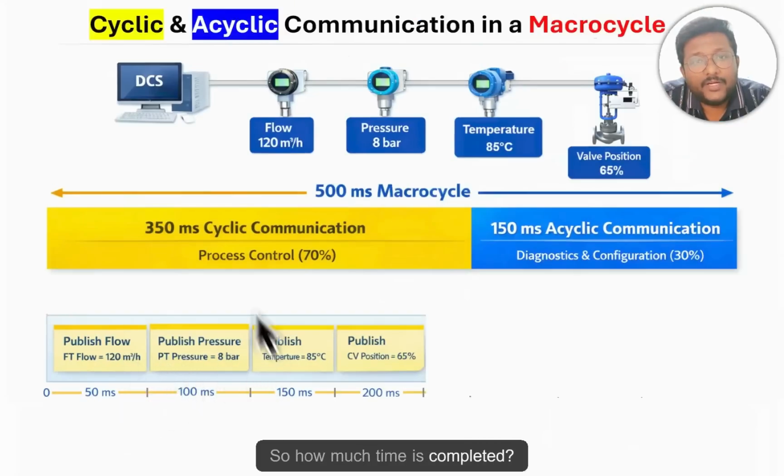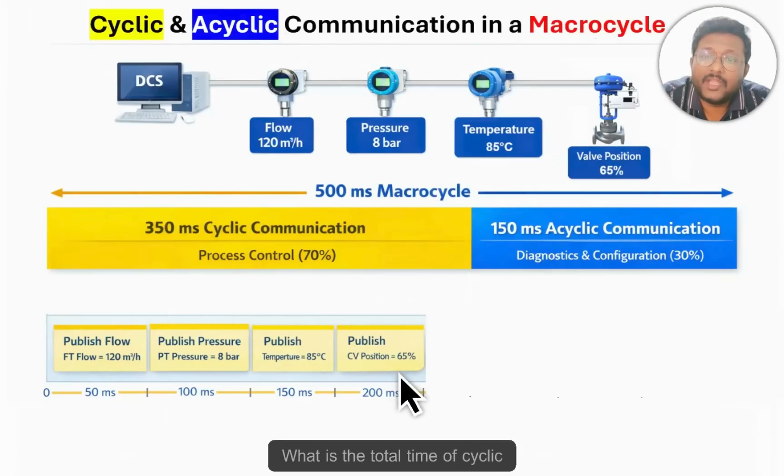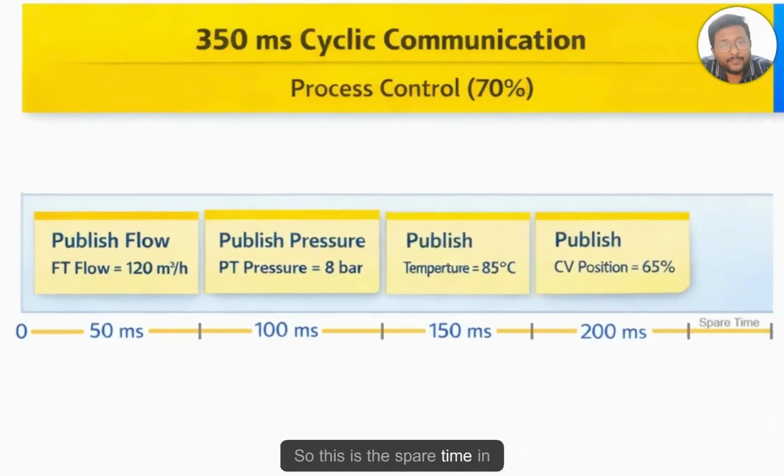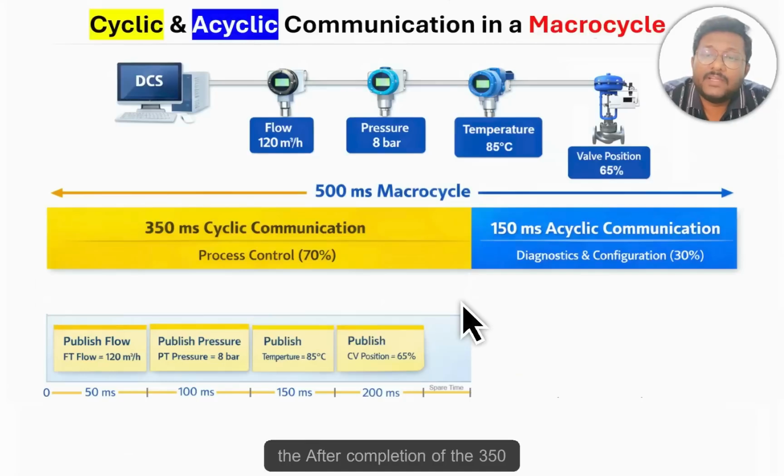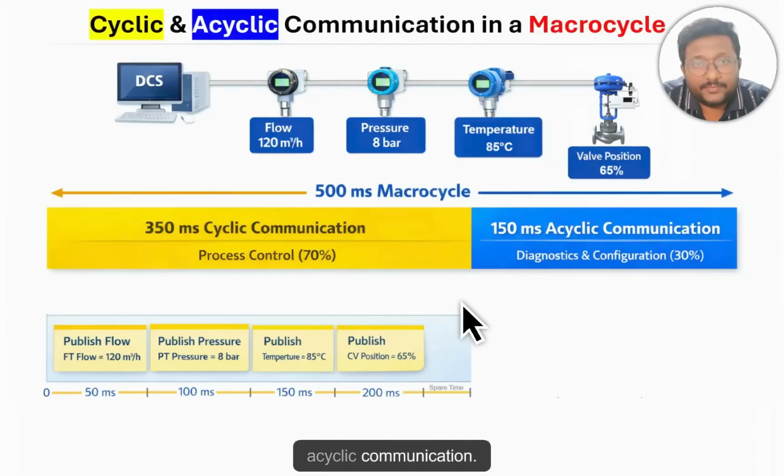So how much time is completed? 0 to 200 milliseconds is completed. What is the total time of cyclic communication in one macrocycle? It is 350 milliseconds. So we have some time left, right? This is the spare time in the cyclic communication. After completion of the 350 millisecond cyclic communication, only then will it go for the acyclic communication.